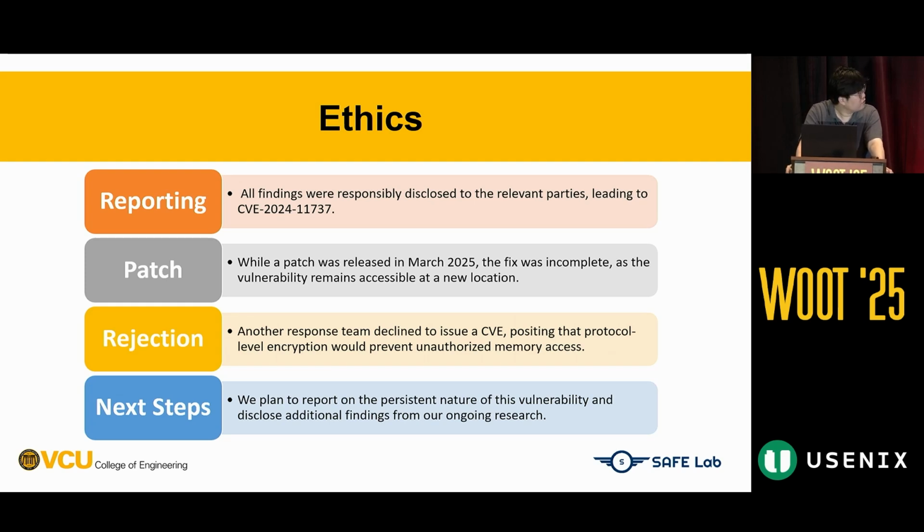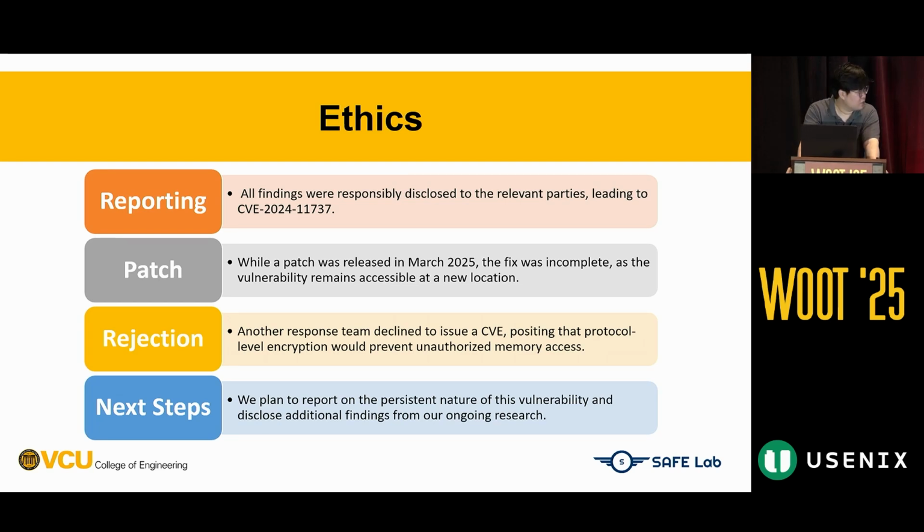Finally, I want to briefly cover the ethical perspective of our work. We followed the responsible disclosure process for our findings. We reported, and they patched it. Some were rejected, some in a hard-to-understand way.